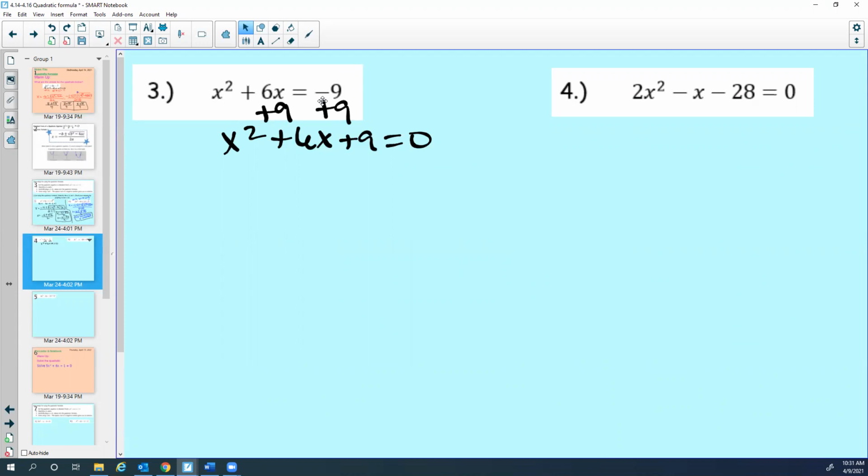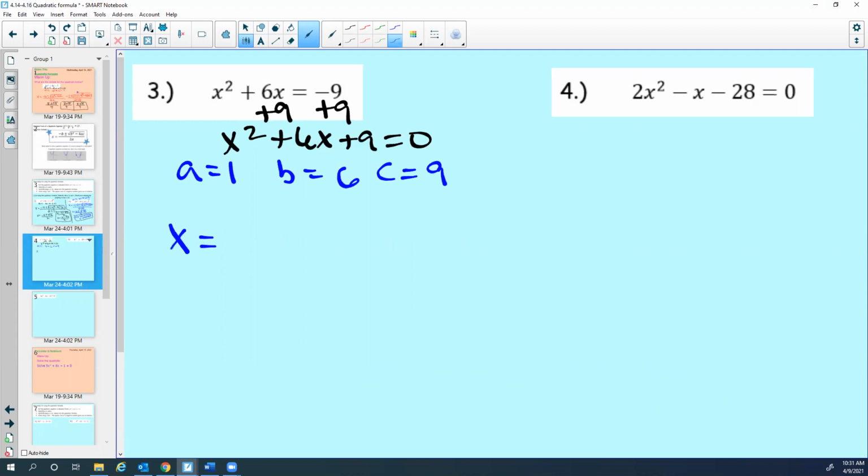All right, so I have A equals 1, B equals 6, C equals 9, and then I'm just plugging it in. Notice, guys, a lot of quadratic formulas is just finding out what your A, B, and C is, and plugging them into the formula.